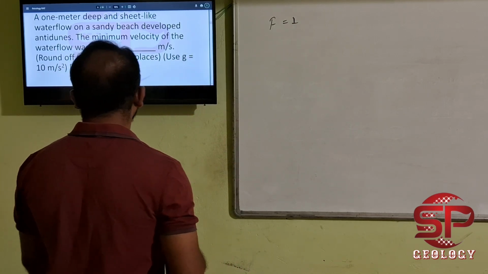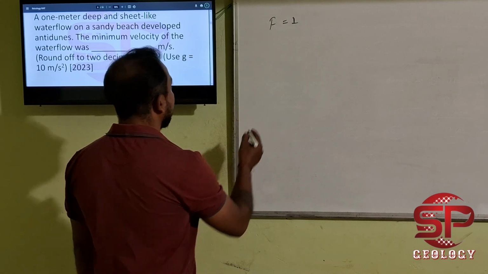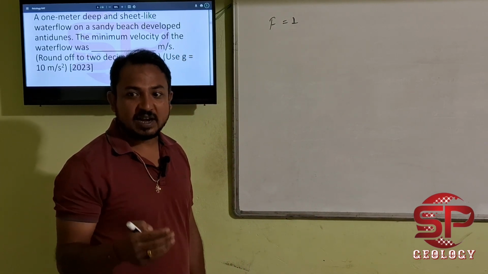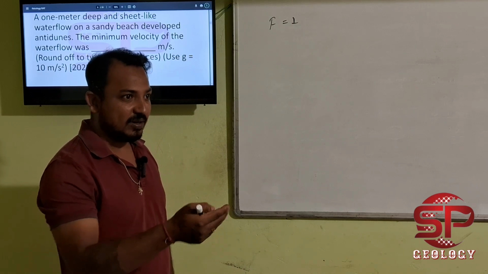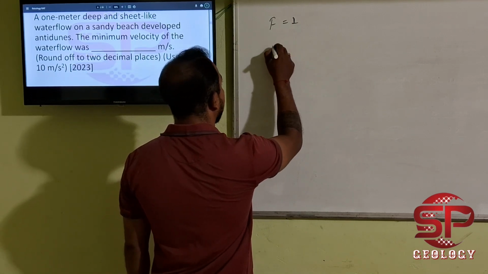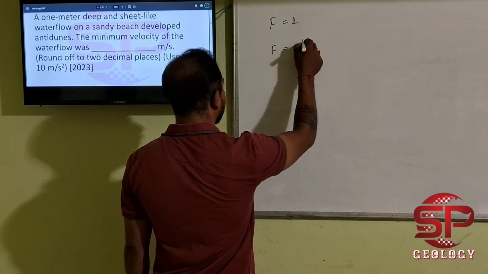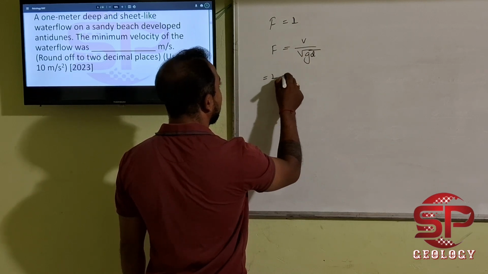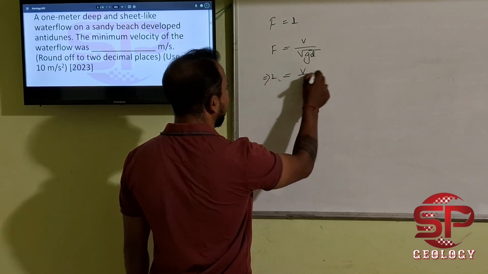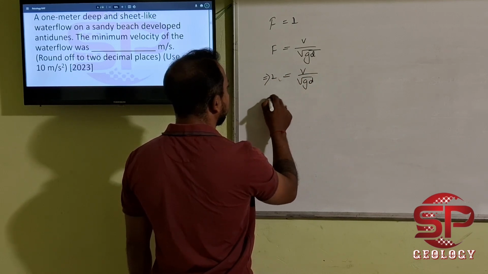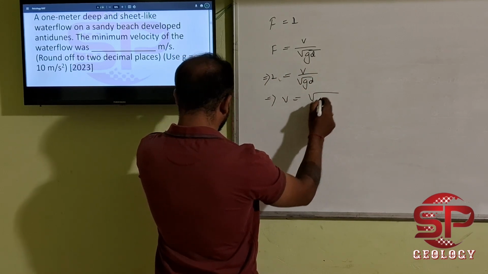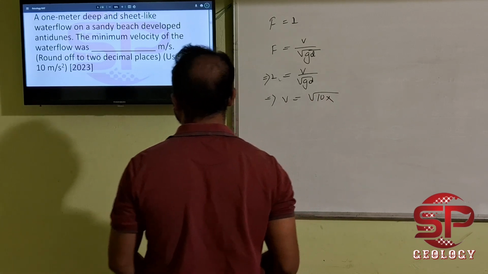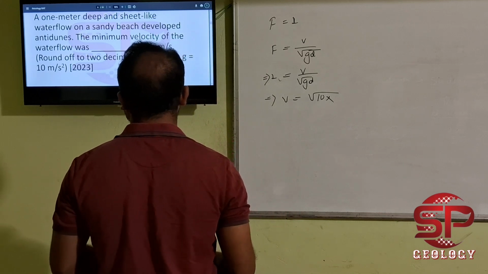So the minimum velocity of the water flow was dash meter per second. It is given for upper plane bed. It is not asked for the antidune. It is asked for the upper plane bed. So that's why F equal to V by root over of GD. F is equal to 1, so V will be root over of GD. G is given 10, and the depth is given 1 meter.